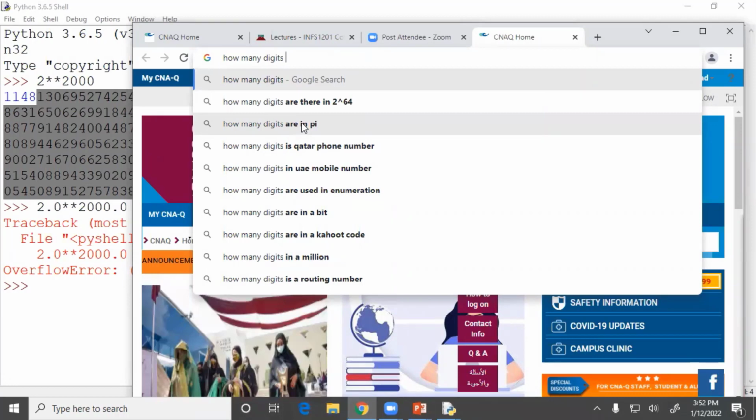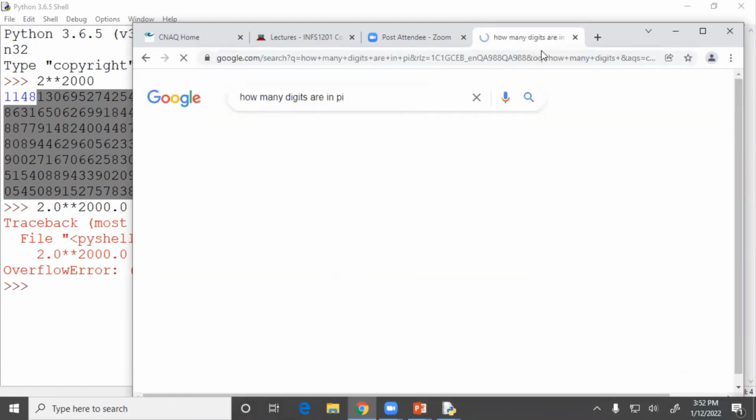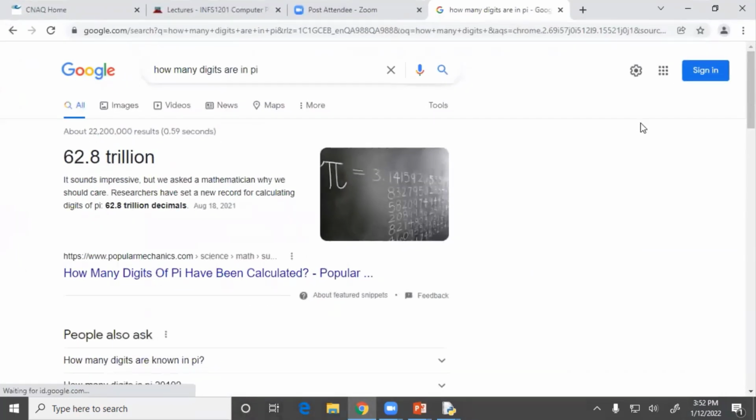Do you remember this, that we use in the circle? How many digits till now, guys? Can you see the number? 26.8 what? Trillion decimals. And this is as of August 18, 2020. So maybe now they have got more.